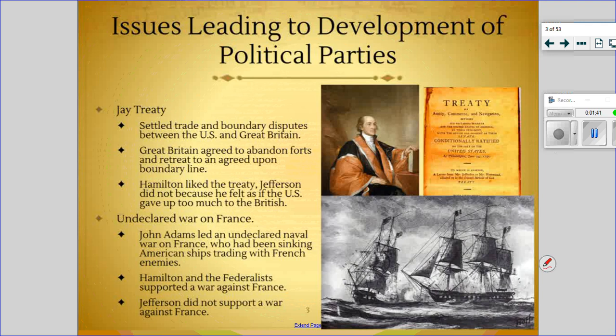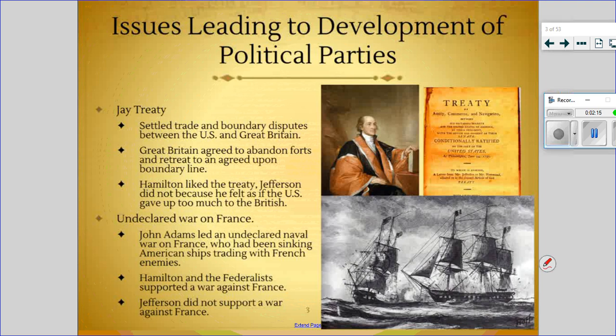They signed the Jay Treaty, which settles some trade and boundary disputes between the U.S. and Britain. In exchange, Britain says, okay, we'll abandon some forts and retreat to a predetermined boundary line. Hamilton likes this, because it's going to improve relations with the British and facilitate more trade with the British. But Jefferson and his followers see it as too pro-British.